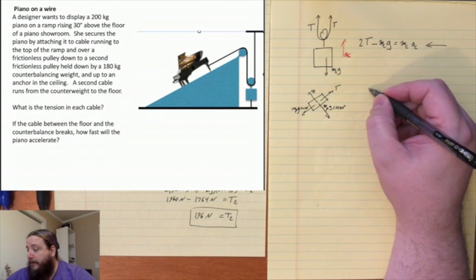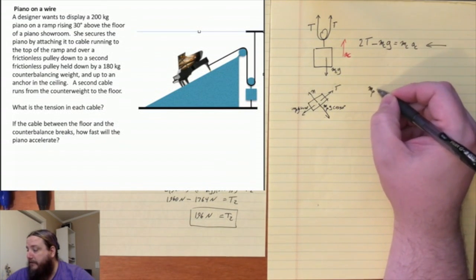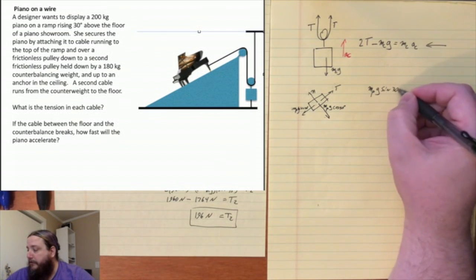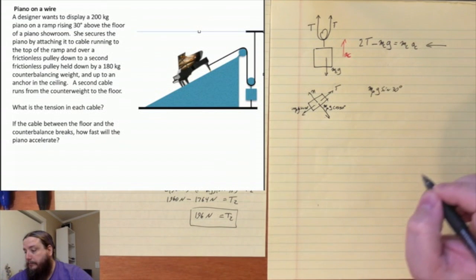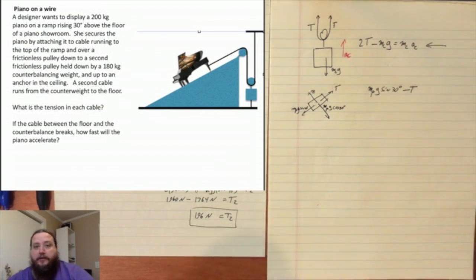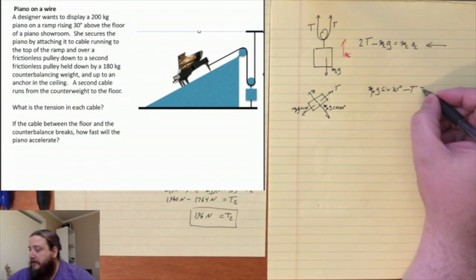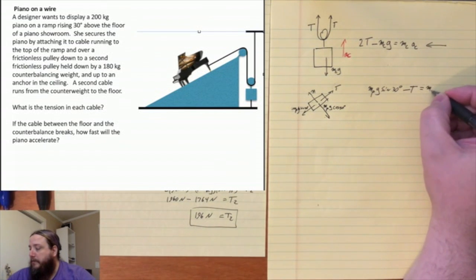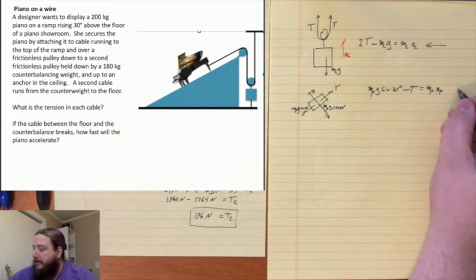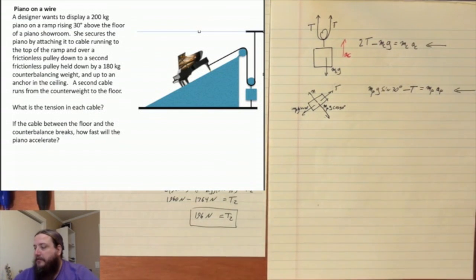In the plus parallel direction, we have the mass of the piano times gravity times the sine of 30 degrees minus just our tension T, but now that's going to equal the mass of the piano times the acceleration of the piano. And here is a second equation.